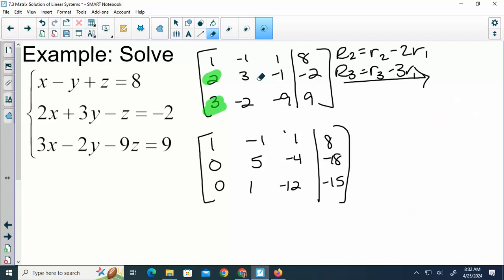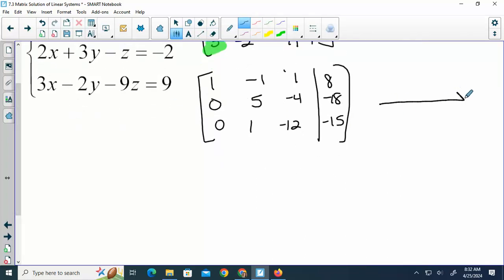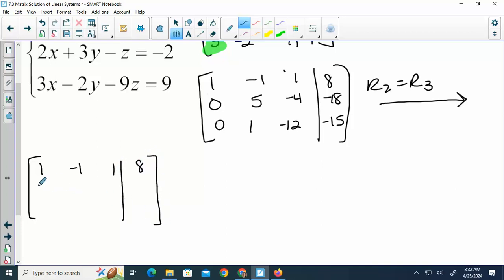What do we need next? Switch row 3 and row 2. Row 1 stays. And now we have our 1 in row 2, column 2.